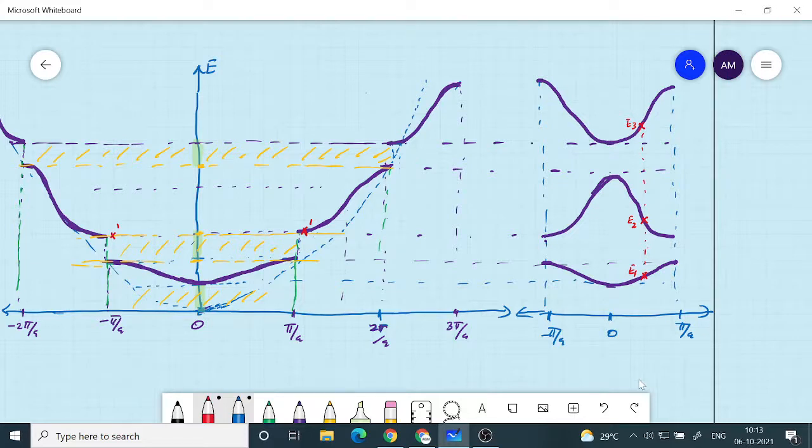So here we are talking about the same momentum. It can be in any of these, and I have only drawn 3 bands. There are more bands. This vertical axis is basically energy.